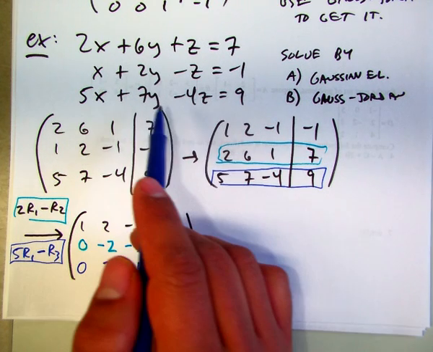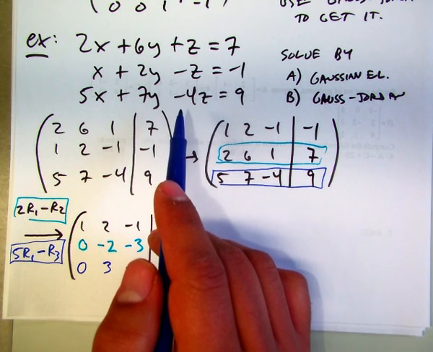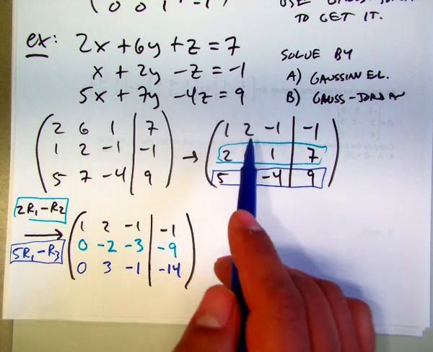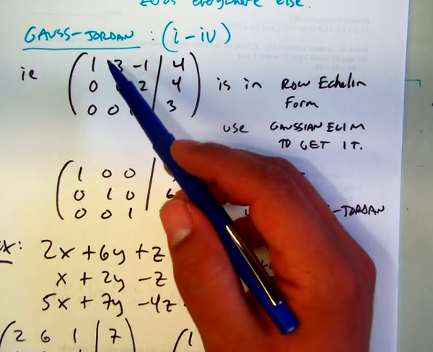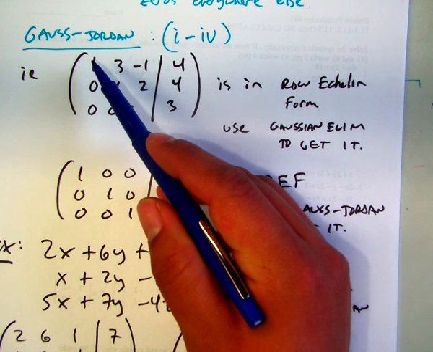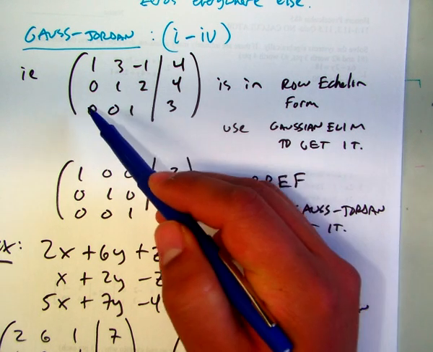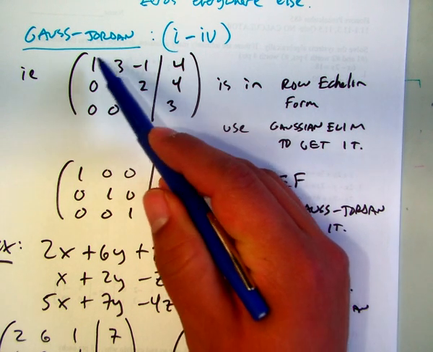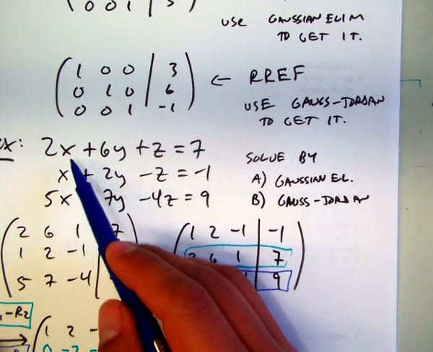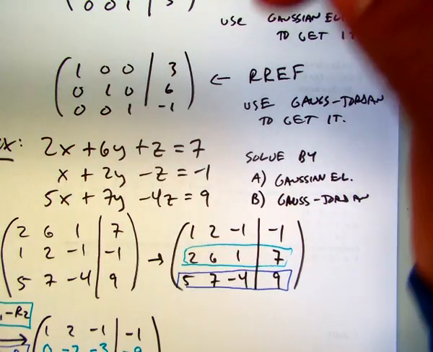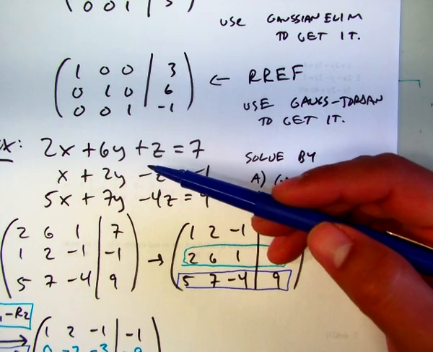Okay, because we know Gauss-Jordan has a diagonal of 1s and then 0s around that, I know that I always want a 1 up here. So if I have any row that's got a 1 in it already, I'm just going to put that as the top row. Does that make sense?